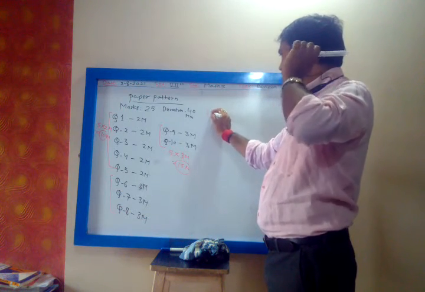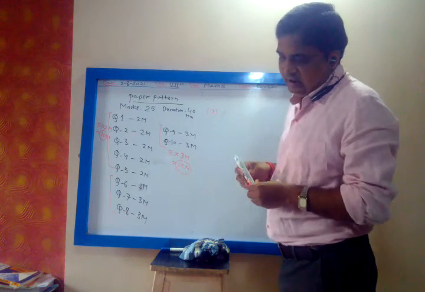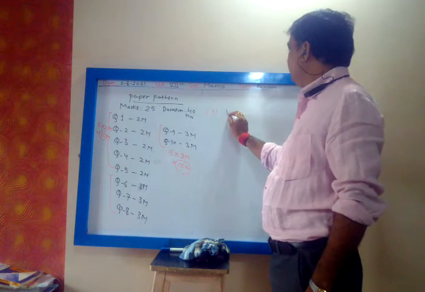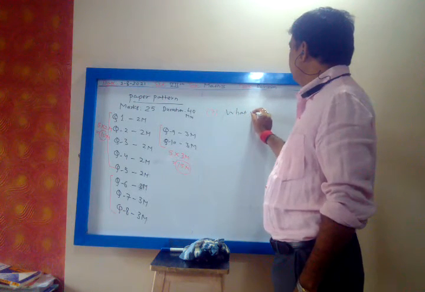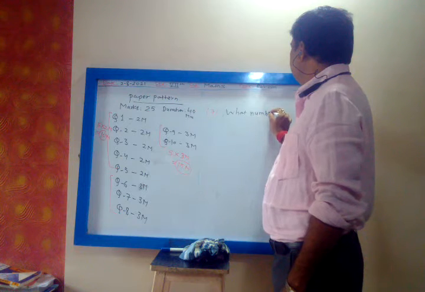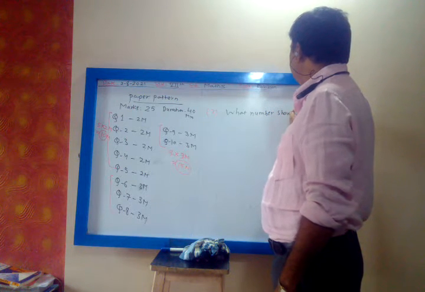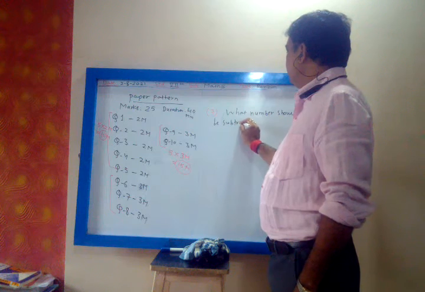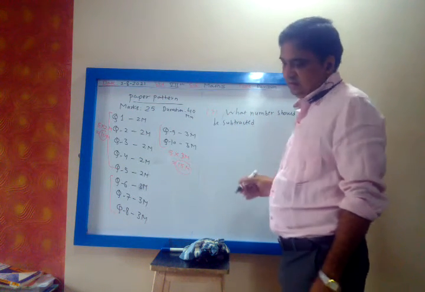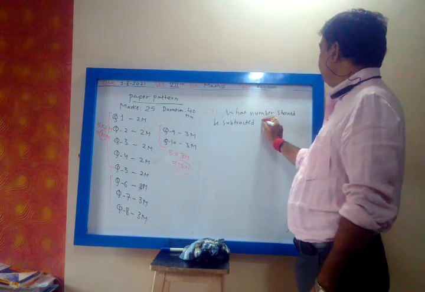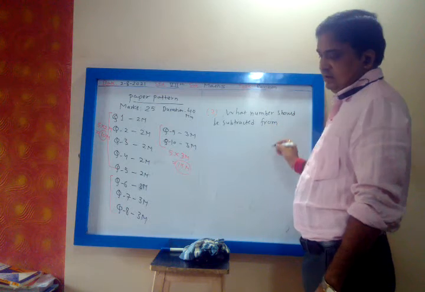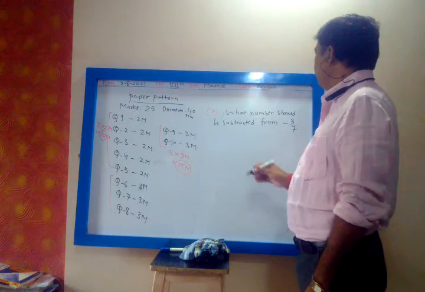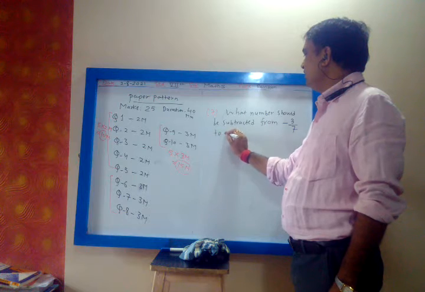Then, 7th question. What number should be subtracted from minus 3 by 7 to get 1?